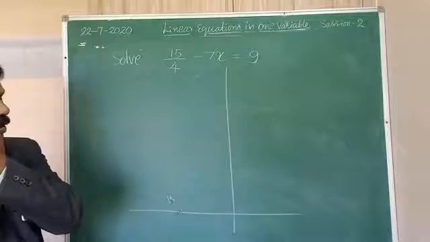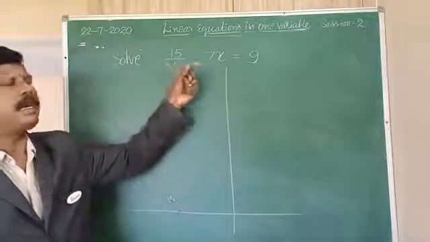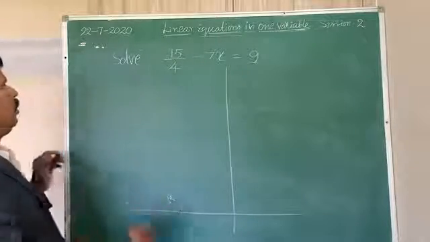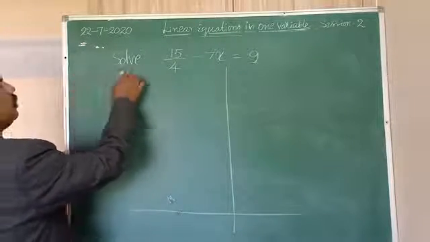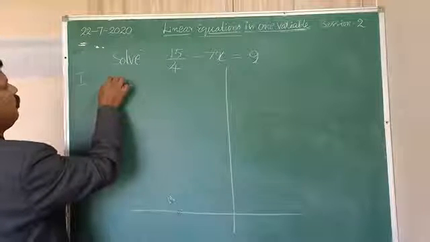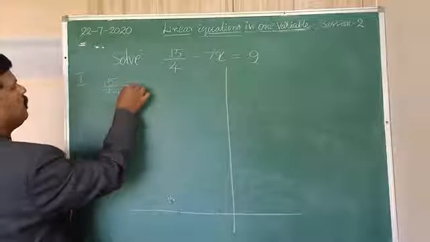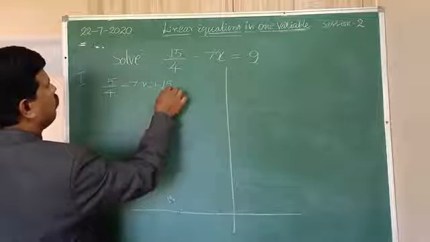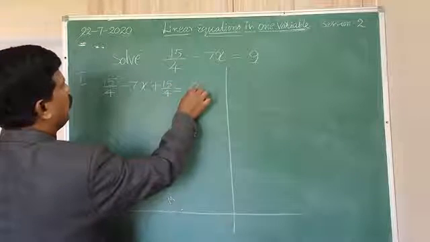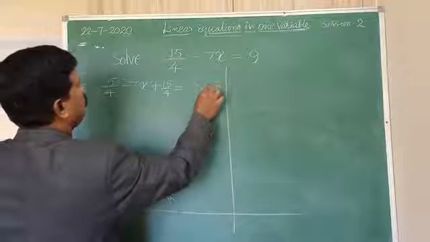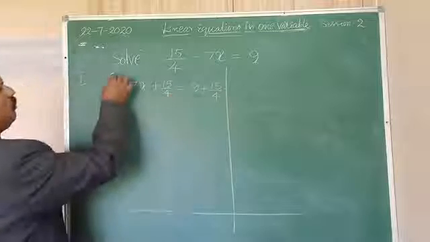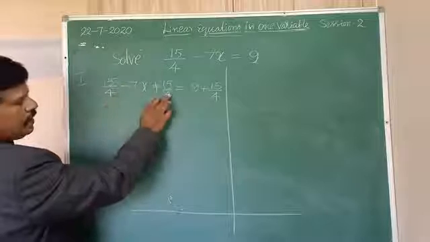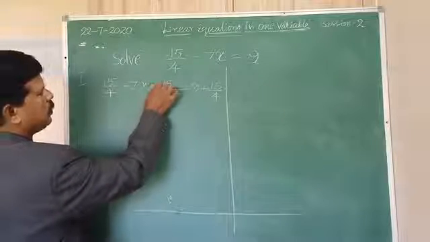Now, let us find the solution. One is the transformation method and another is cancellation of the unwanted term. In the first method, what is here? 15 by 4 minus 7x. If you add plus 15 by 4, it won't cancel, so what you can do is change the sign.